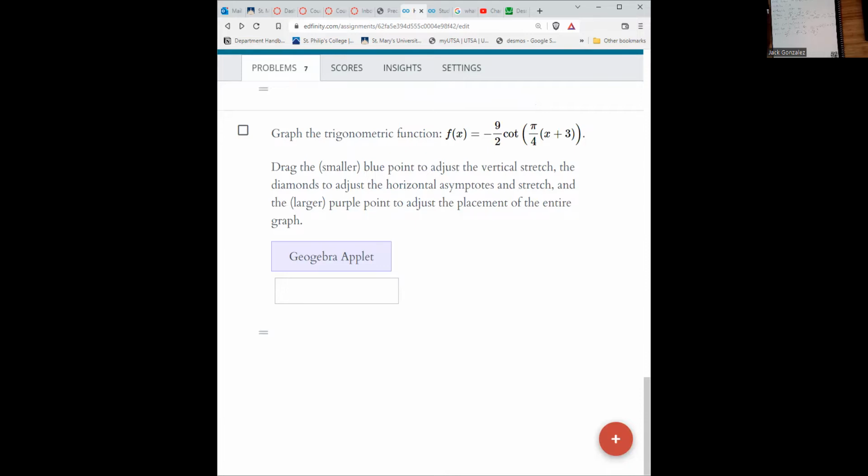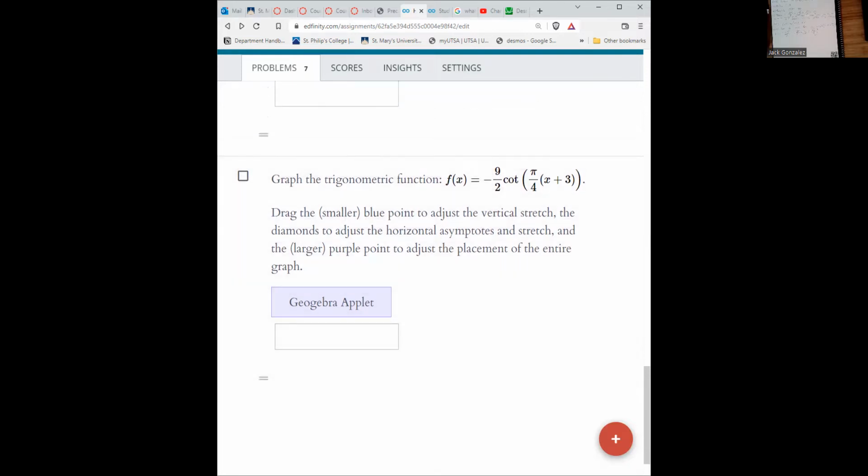How do you find the phase shift, midline, that type of stuff? That's all in that sheet. So just practice finding those things and look up what they look like. That's pretty much it. We'll do some examples if you have questions in class on Monday.